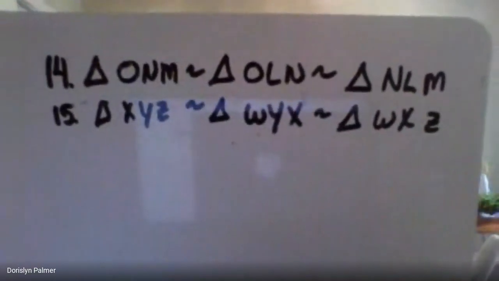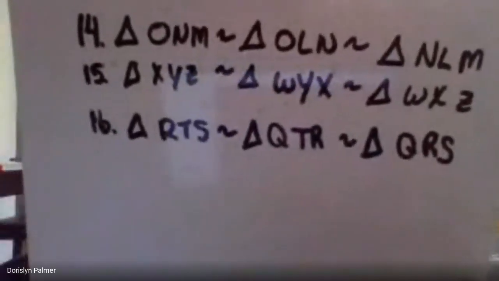All right, Colby, the next one. Number 16. I have triangle RTS is congruent to triangle RTQ, which is congruent to triangle QRS.